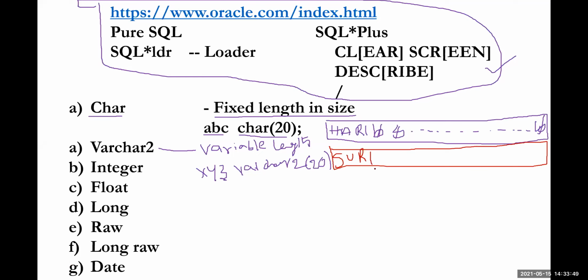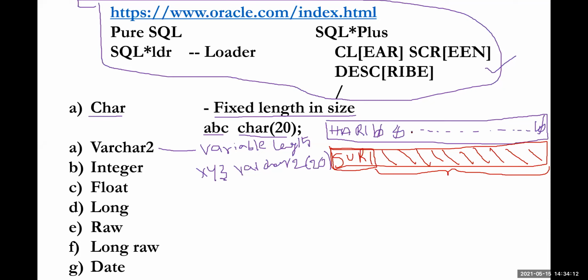The remaining 16 bytes will be released from the storage. The size of this particular row will be only 4 characters, whereas with character the remaining space is stuffed with blank spaces.